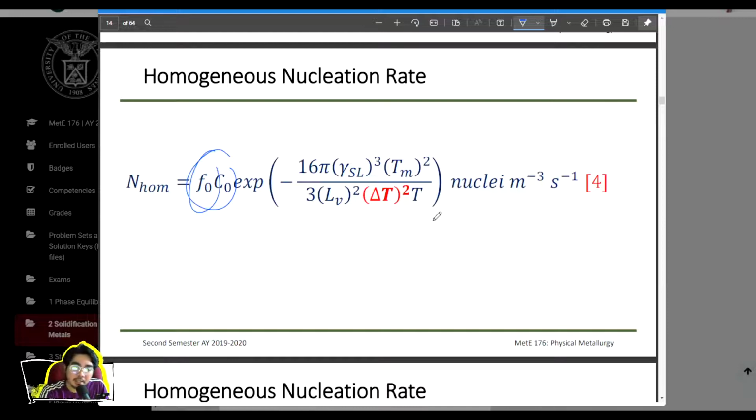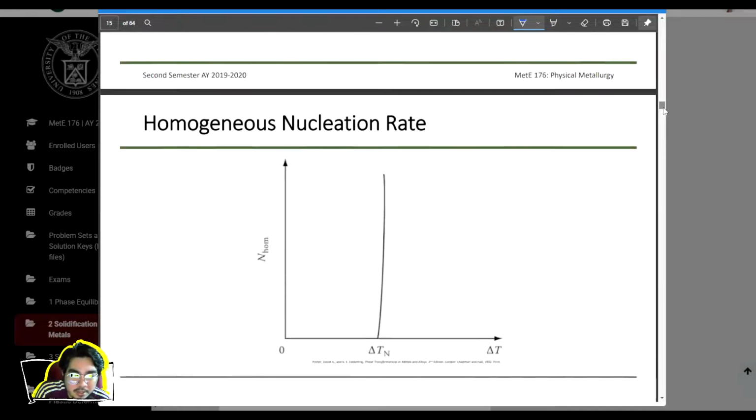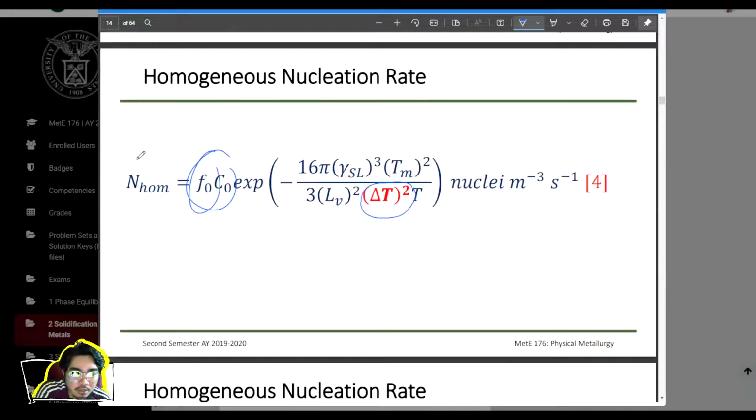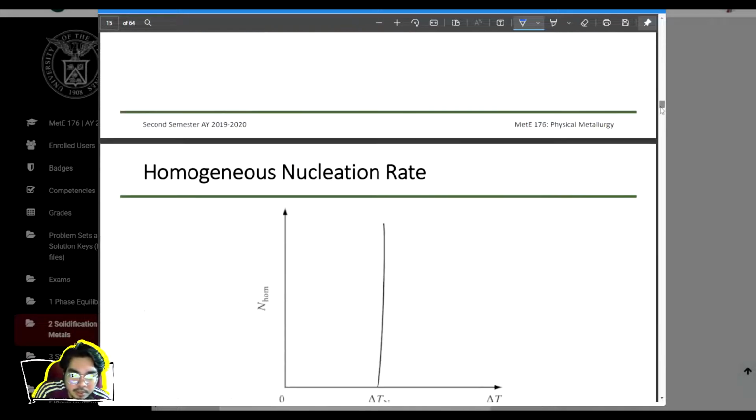Pero in any case, ito, yung simplification, and you'll notice na etong si delta T nakapaloob siya sa exponent, no, sa an exponent function, tapos naka-squared pa siya. So what happens is if you try to plot this function right here, it will seem na parang ganito siya.